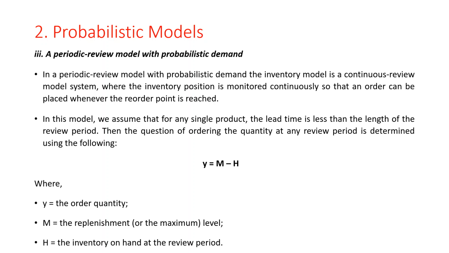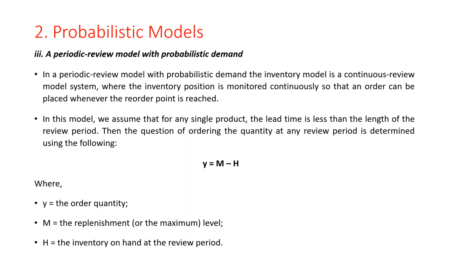In such cases, an alternative inventory model, the periodic review model, is preferred, because this model enables orders for several products to be placed at the same time, at a preset periodic review time.